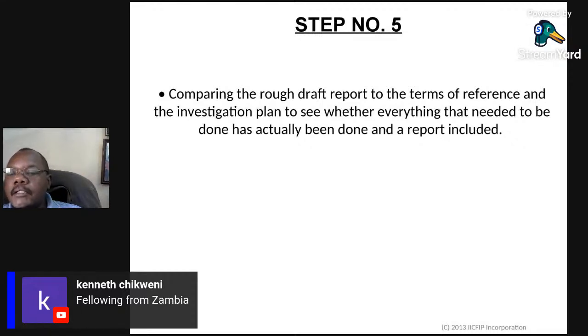Once those areas which have not been adequately covered have been discovered, then re-examination must be done. Investigation must be done in that area, so that we come up with a revised draft report. That is step number six of the report writing process.